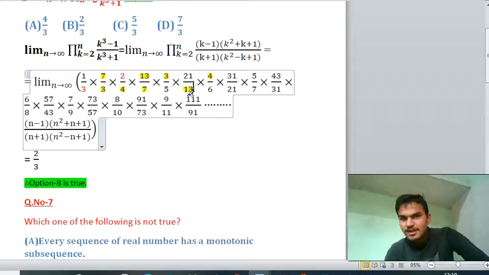And in case of this denominator 5, let's see, 1 step, 2 steps, 3 steps, 4 steps.